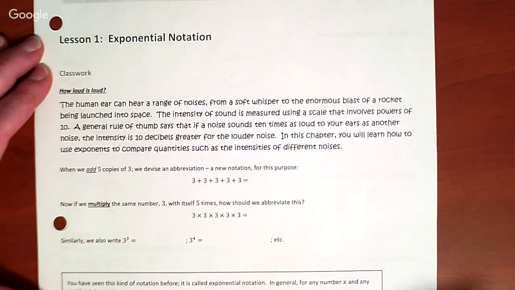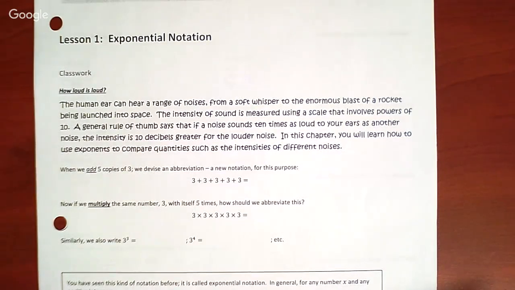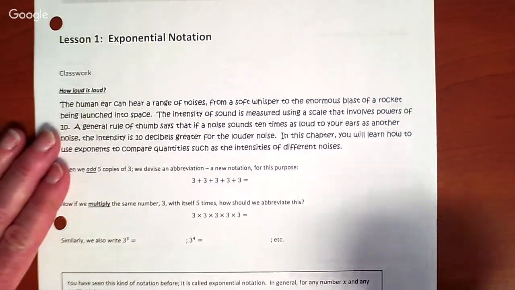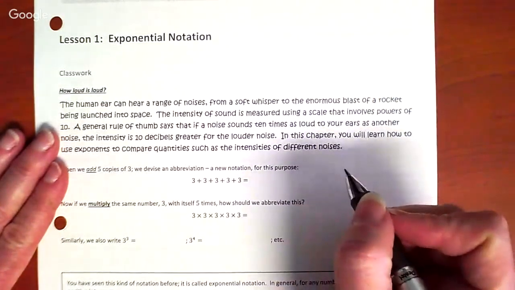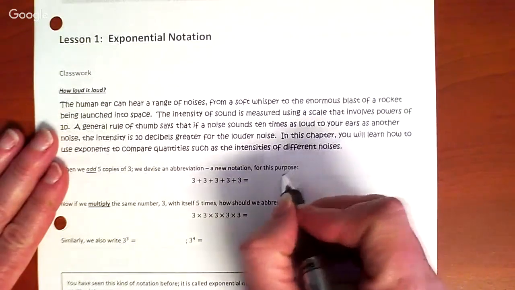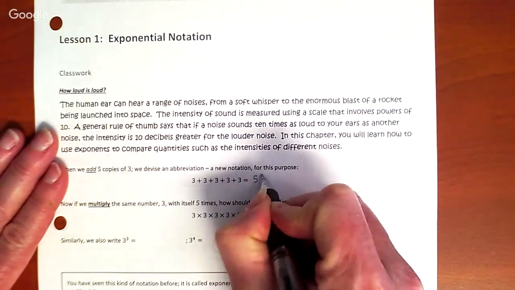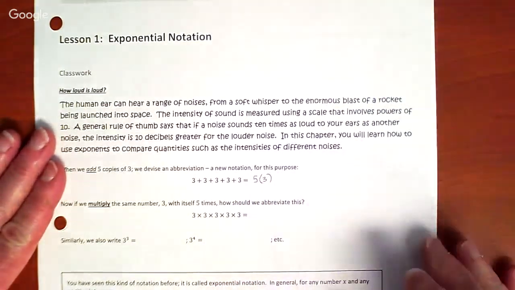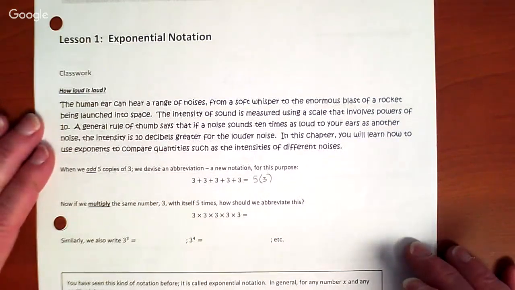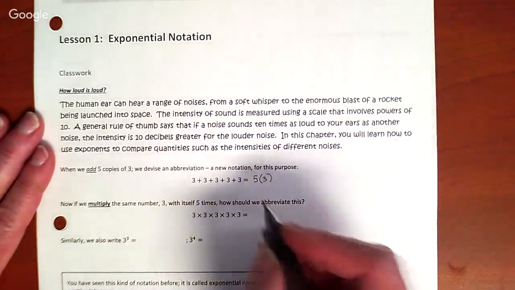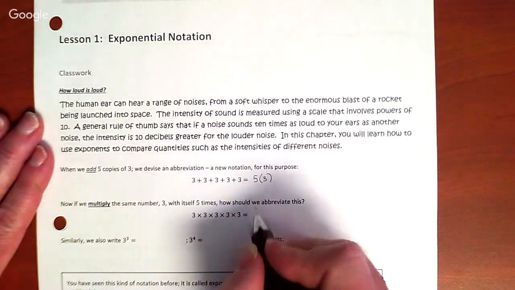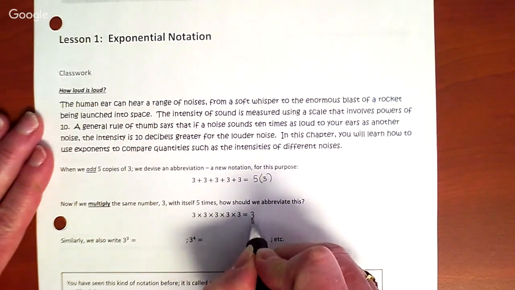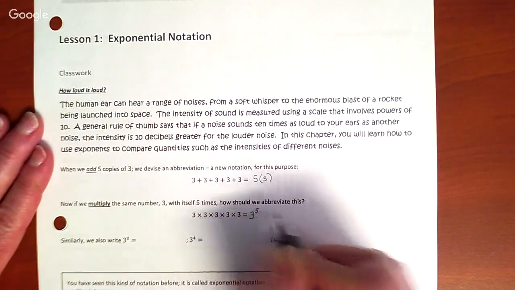When we add 5 copies of 3, we devise an abbreviation, a new notation for this purpose. 3 plus 3 plus 3 plus 3 plus 3 equals 5 times 3. We now multiply the same number 3 with itself 5 times. How should we abbreviate this? Well, we can abbreviate this by saying 3 to the 5th power.